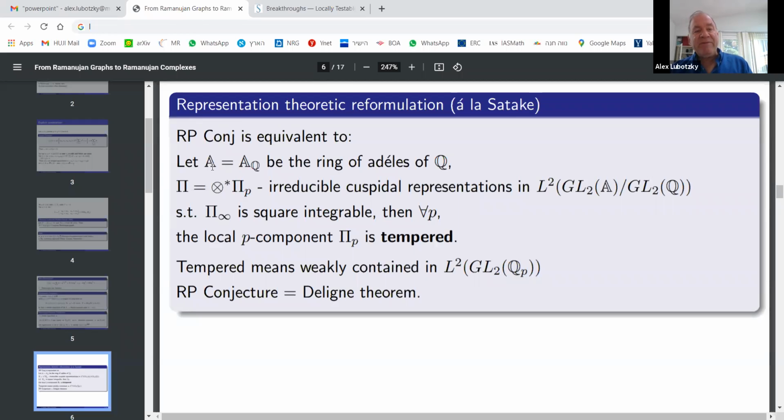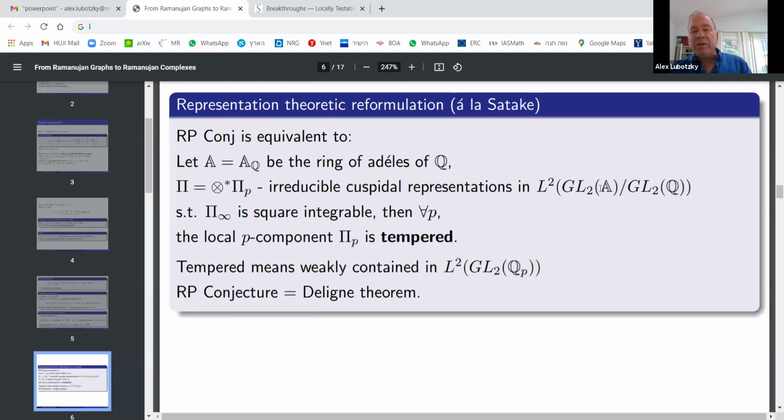Why? Let A be the ring of adeles of the rational field. Let pi be an irreducible cuspidal representation in L2 of GL2(A) over GL2(Q).